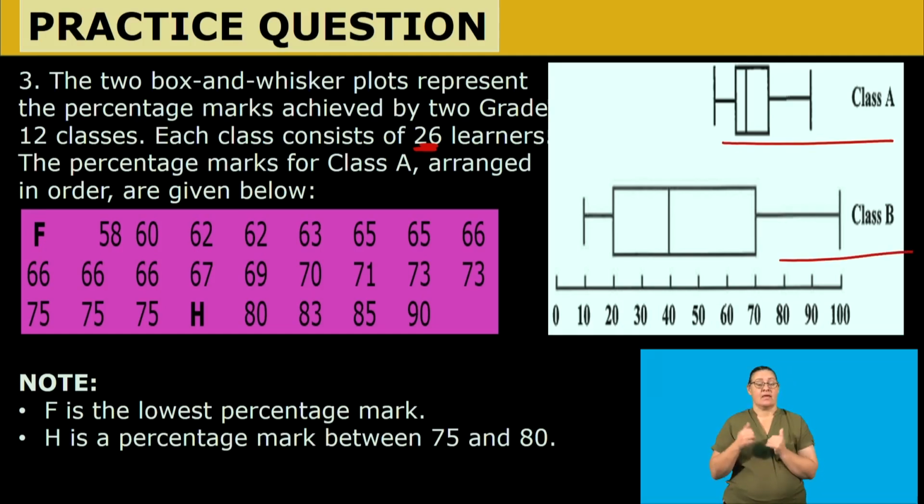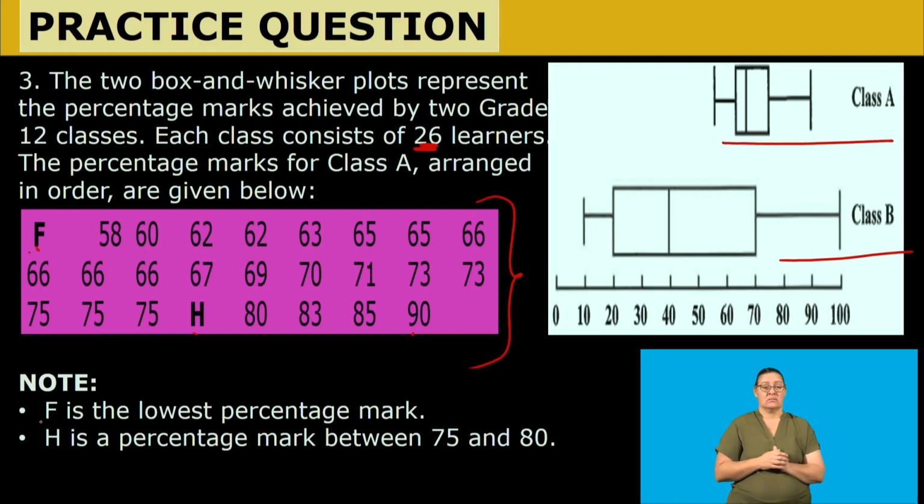And then the marks of class A, arranged, are provided here. So we've got F, meaning that F is the lowest value because they are arranged. And then we've got 90, meaning 90 is your highest value. The moment you see F and H, you must know that the examiner will want you to find the values of those missing items.